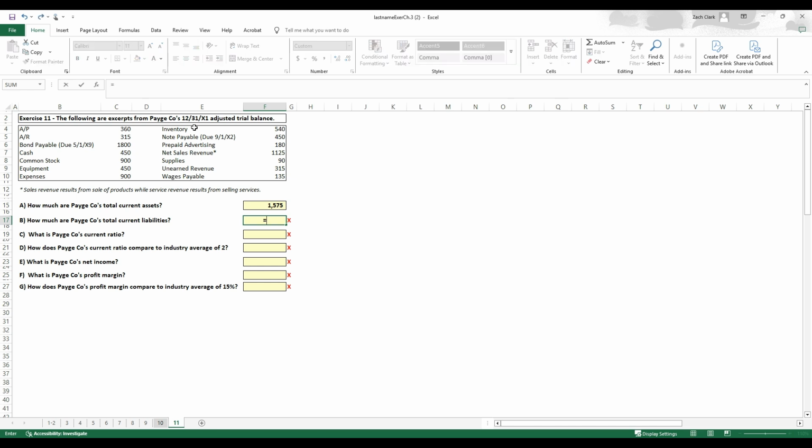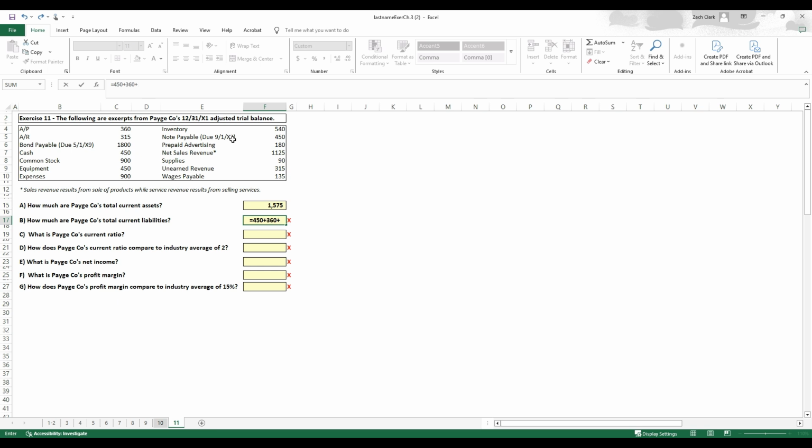Okay, and then current liabilities. This is the one that maybe makes you think. So this one is 9 years out, or 8 years out or whatever, so it's not current, it's long term. The note payable is due the following year, right? So this is 12/31 we're thinking about, and this is due on September 1st of the next year. So it is current, even though it's a note payable.